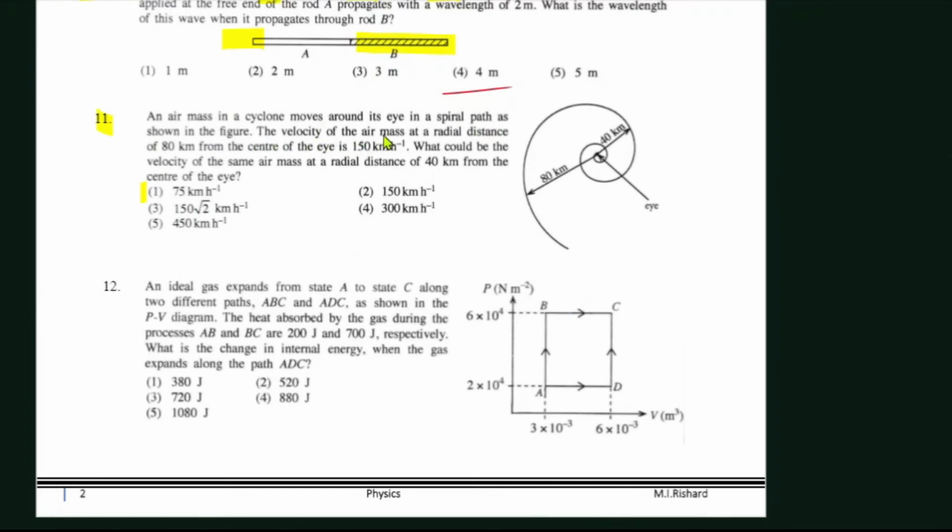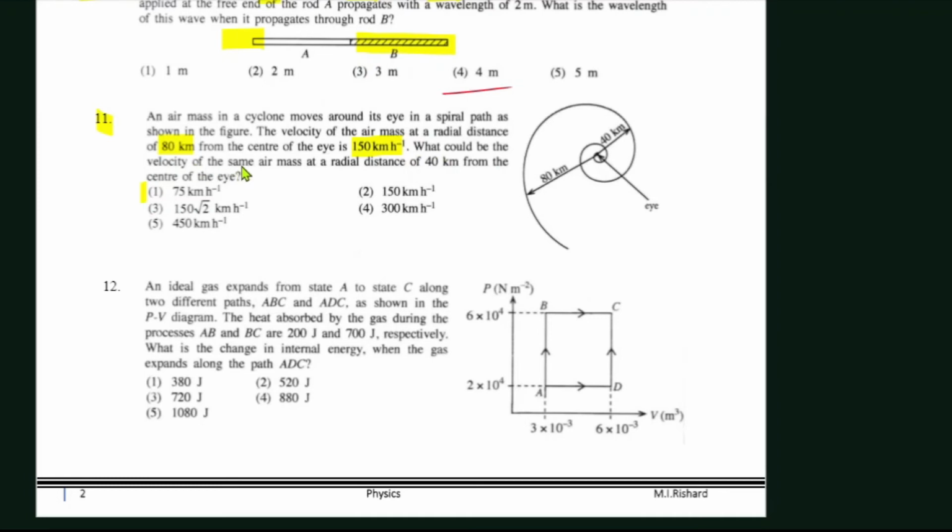The velocity of the air mass at a radial distance of 80 kilometers from the center of the eye is 150.